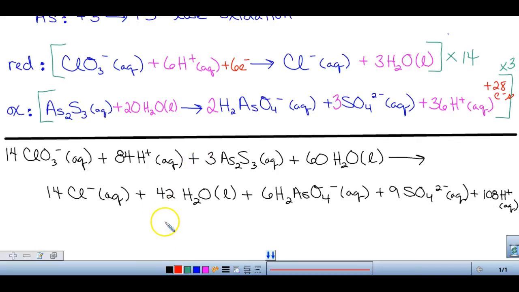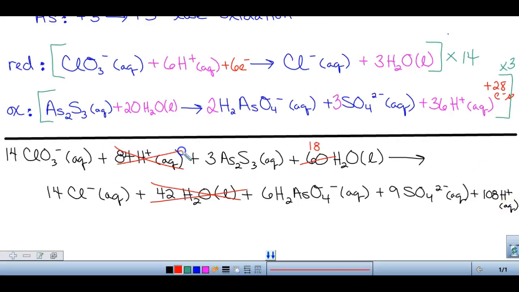Okay, I'll take care of the water first. There is 60 on our reactant side and only 42 on the product side. So 60 minus 42 is 18. I'm going to mark that out and change that to 18. And then on our hydrogen ions, we've got 84 here, 108 there.